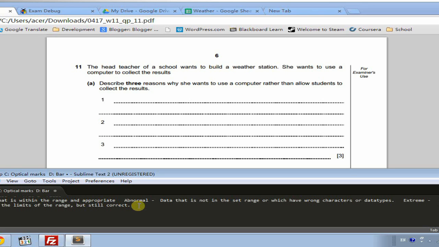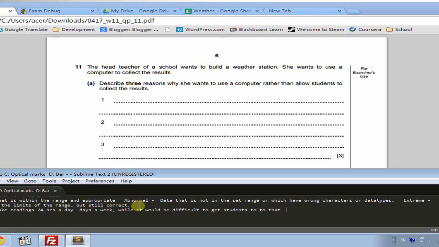So let's start with computers can take readings 24 hours a day, 7 days a week. While it would be dangerous for the students, and it would be difficult to get students to do that.